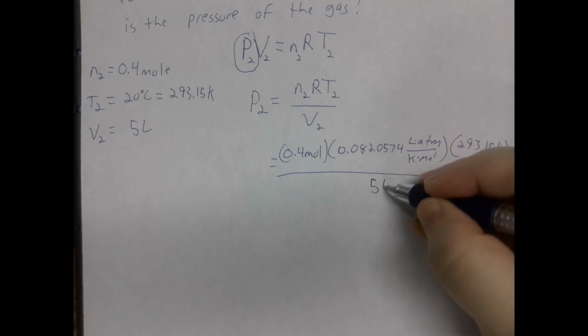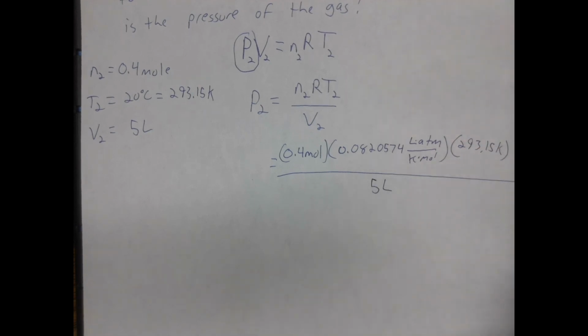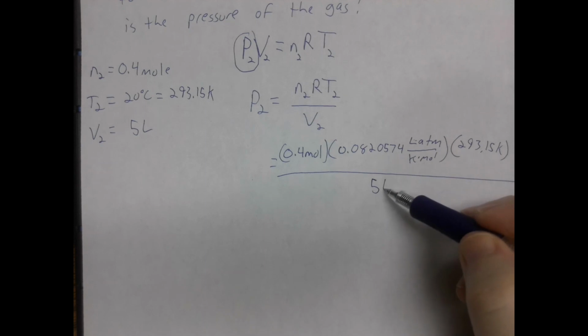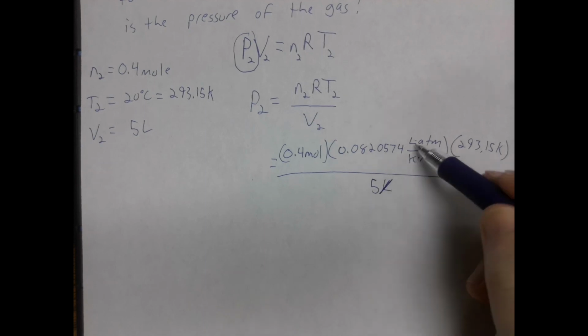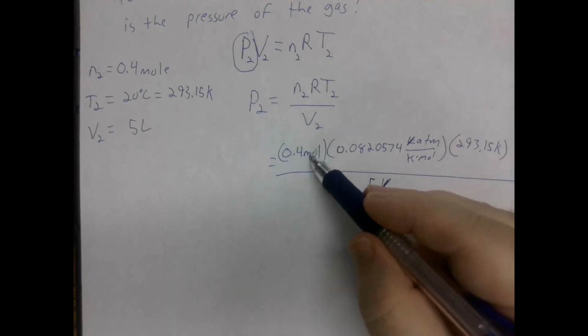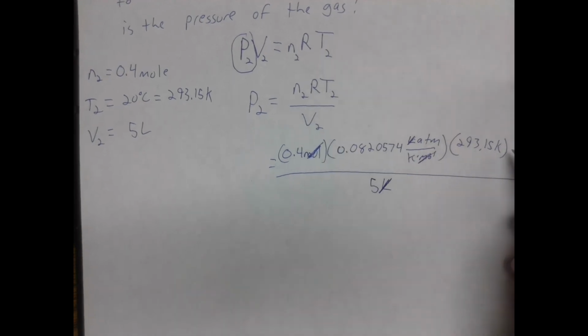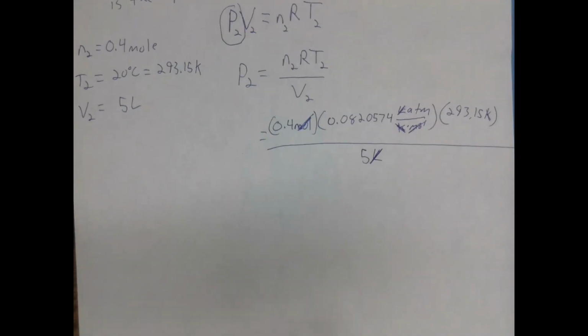Volume is 5 liters. Check to make sure that everything cancels out. So liter divided by liter, moles in the denominator times mole in the numerator, Kelvin and Kelvin, and we're left with atmospheres.